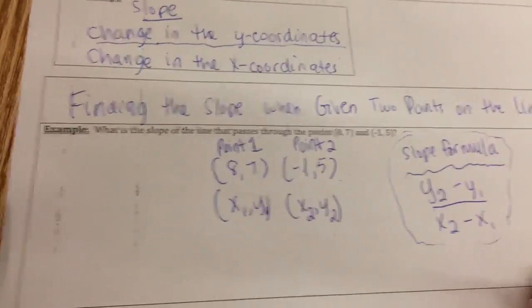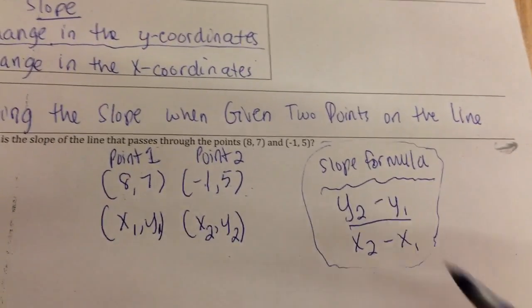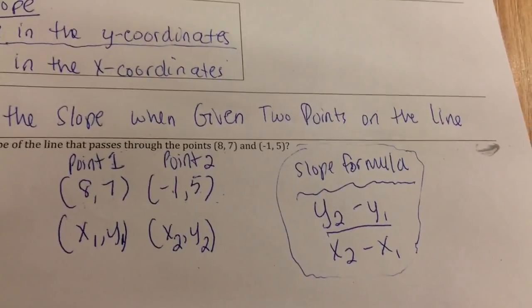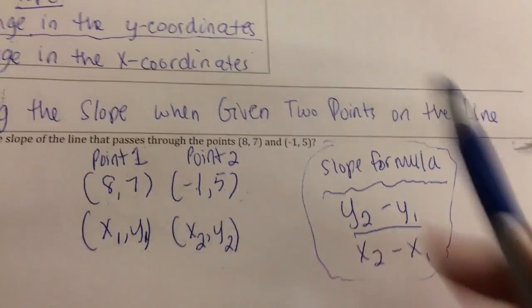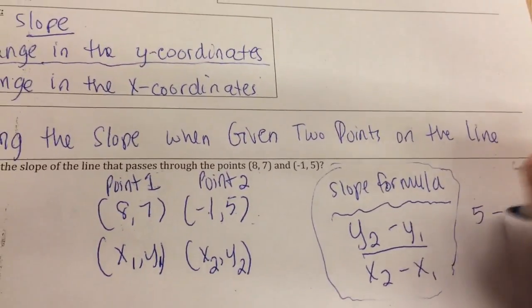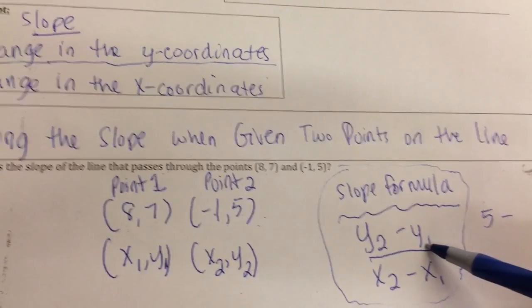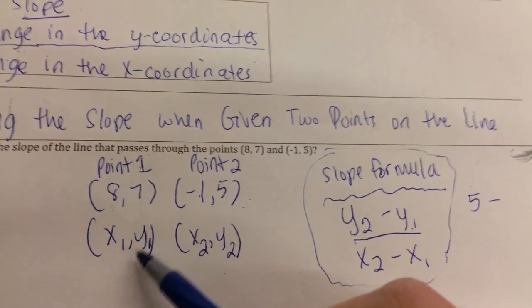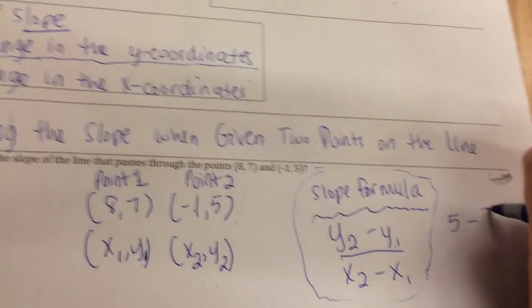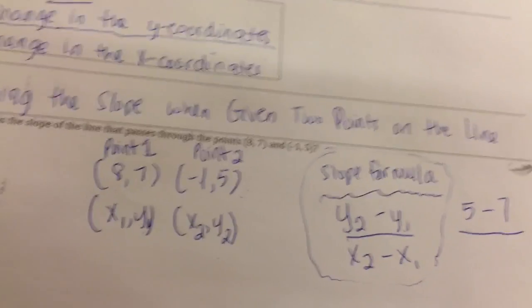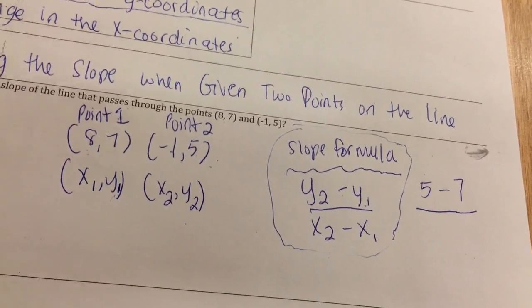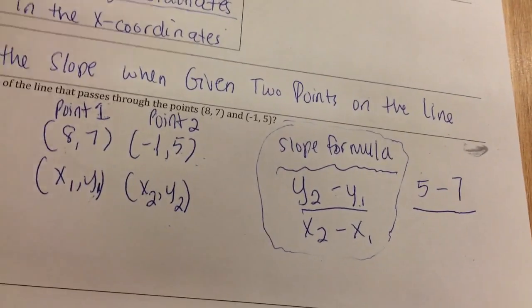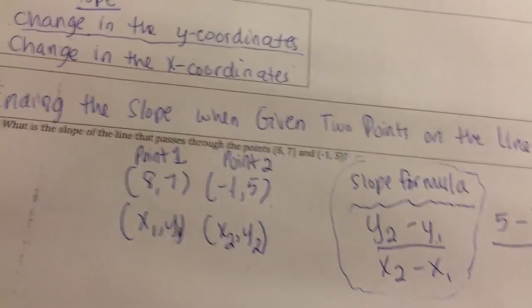All right, so let's plug in our values. y2 is 5, so it's 5 minus y1. Well, where's my y1? Oh, it's over here, point 1. So it's minus 7. And then we have x2 minus x1.